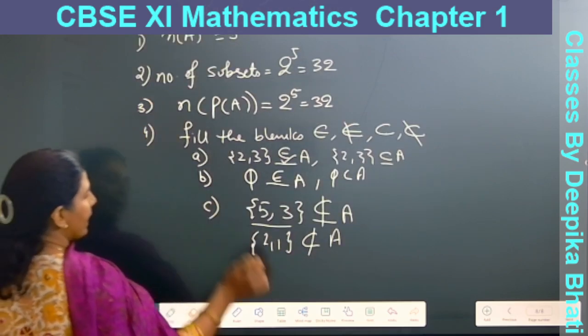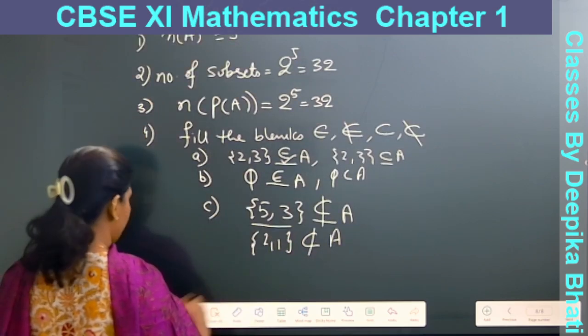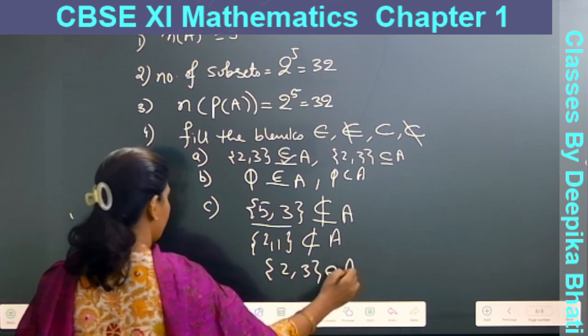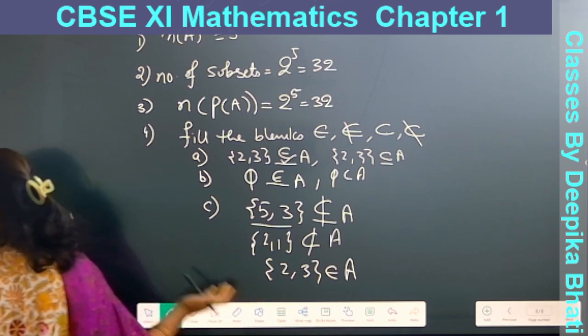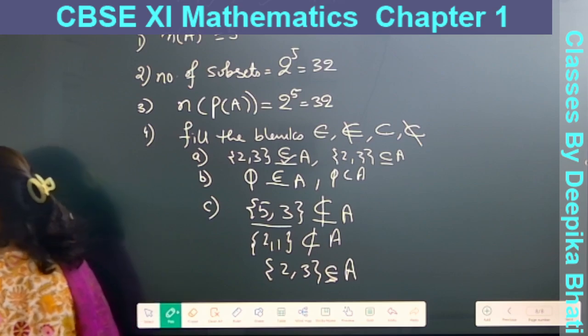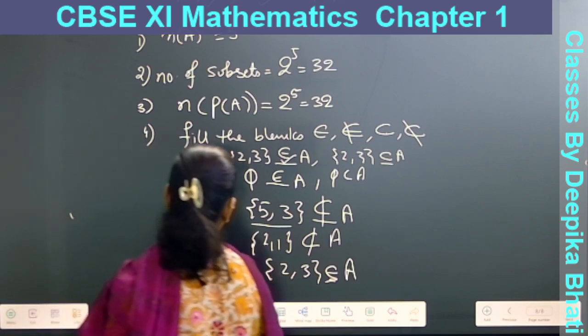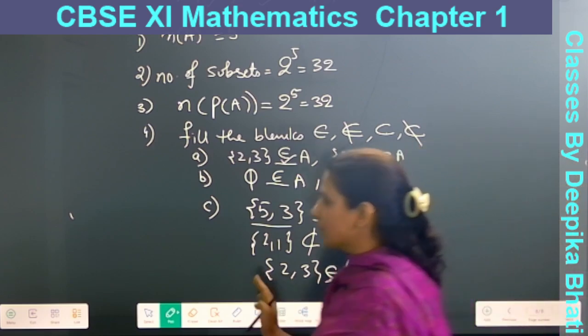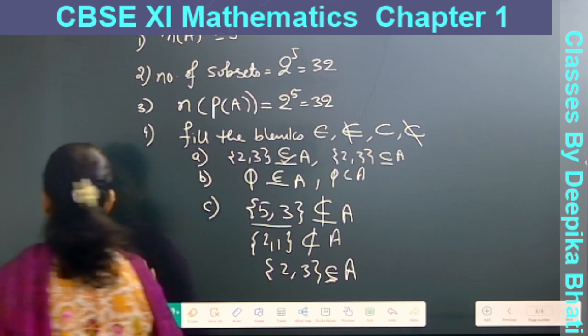Directly, if the question gives you 2 comma 3 belongs to, that time it will be fine because that is an element. Otherwise you are not supposed to use this symbol basically. Okay. So I hope the concept is very much clear to all of you about sets, subsets and elements, right?